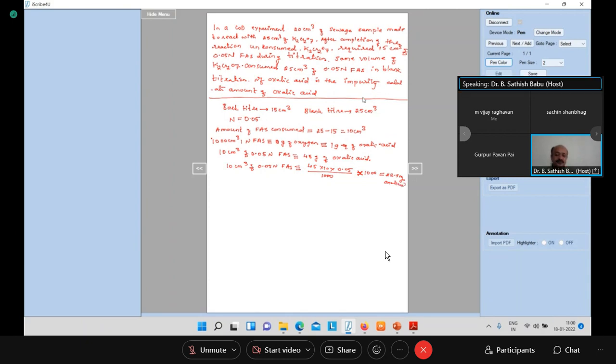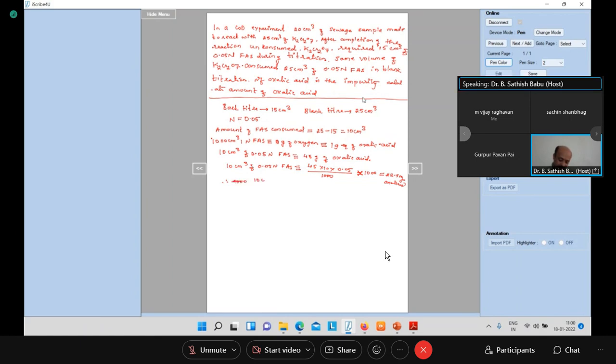Have you understood this or not? Instead of expressing in terms of oxygen, we are directly expressing in terms of oxalic acid, because oxalic acid is the only organic impurity. So just consider the equivalent mass of oxalic acid and write the equivalence, right? So this much, 22.5 mg of oxalic acid, you are getting in 10 cm cube of wastewater.